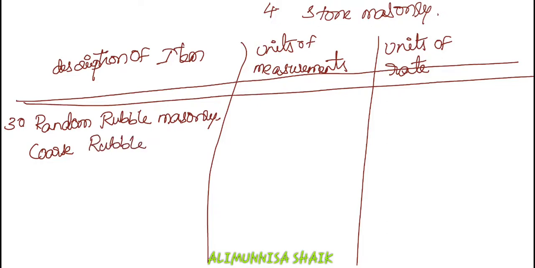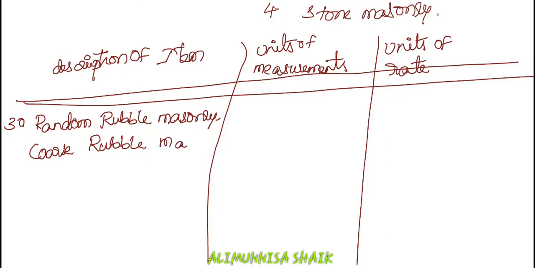Rubble masonry or stone masonry is nothing but arrangement of rocks in the shape of walls, whether regular shaped or irregular shaped, based on the shape of the stone. If it is a properly shaped, properly dressed stone, then we'll call it rubble stone masonry. If it has an irregular shape and the arrangement is shuffled, then we call it random rubble. Coarse means it will be in an even shape and we will be arranging bricks or rocks, everything in an even form. So that is your coarse masonry.